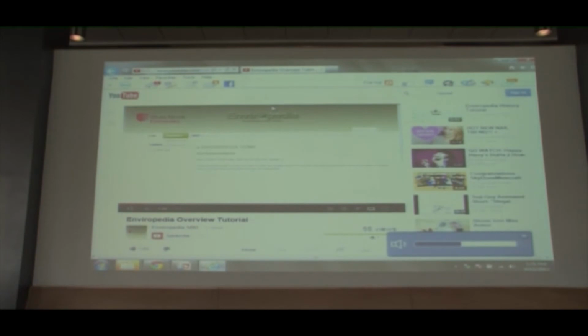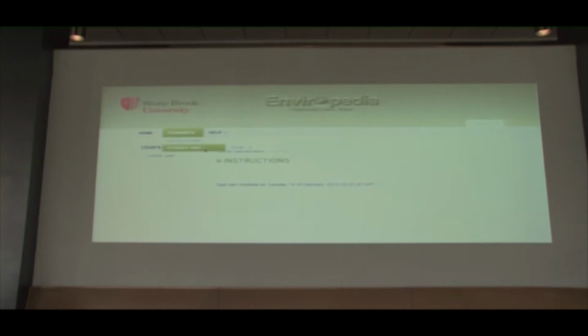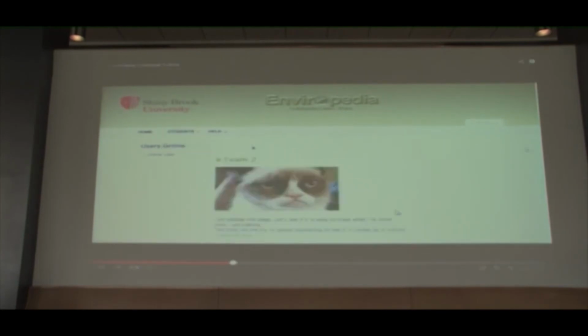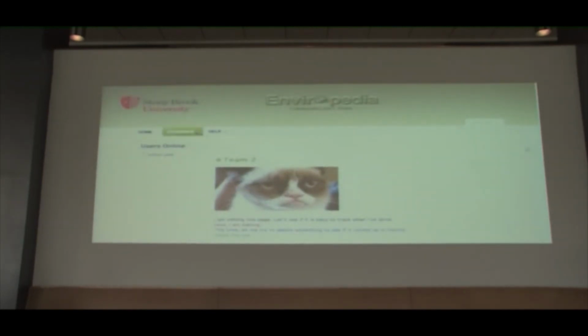Under the Students tab, click on Instructions to find weekly assignments. To get to your group wiki, hover over Student Wiki, then click on your group name under the Students tab. Use the sandbox to practice entering text into the wiki page.